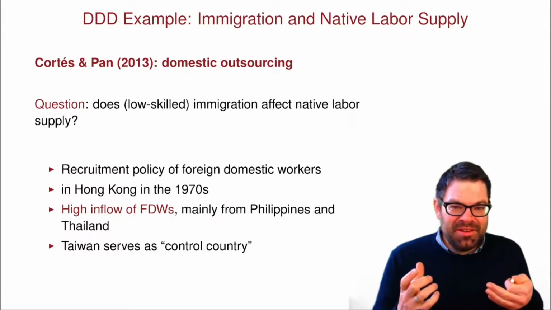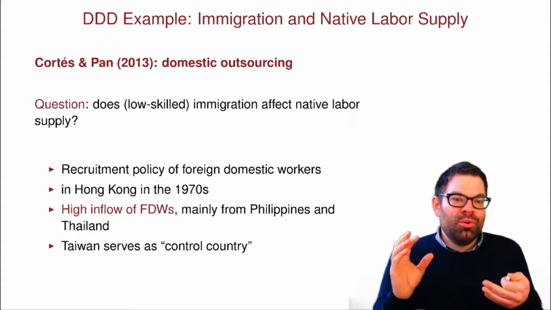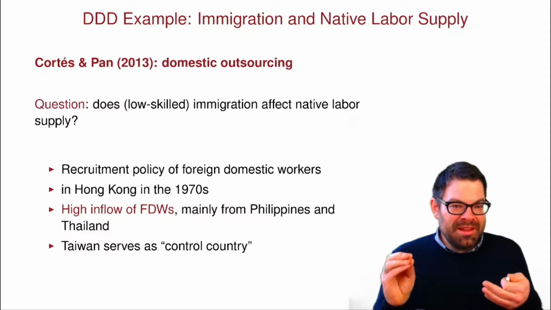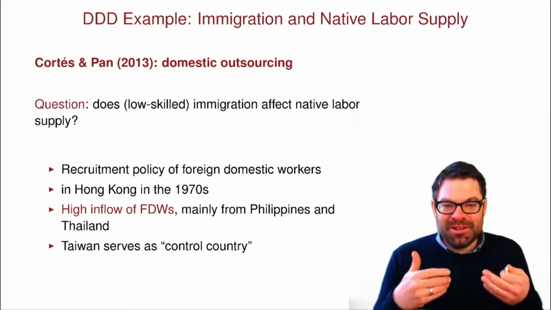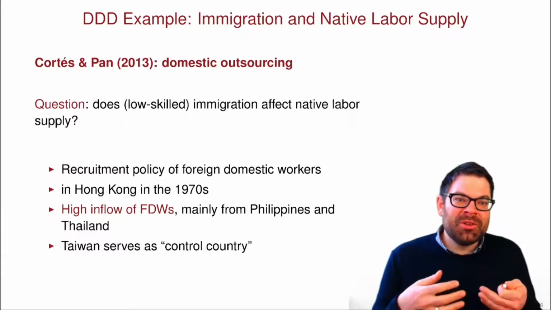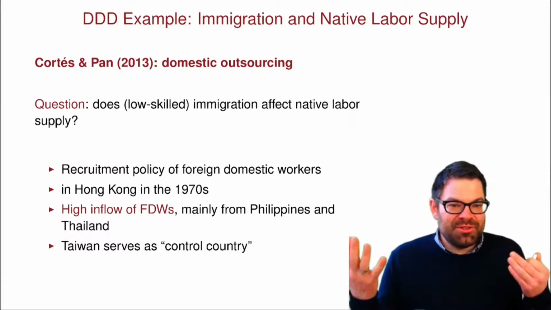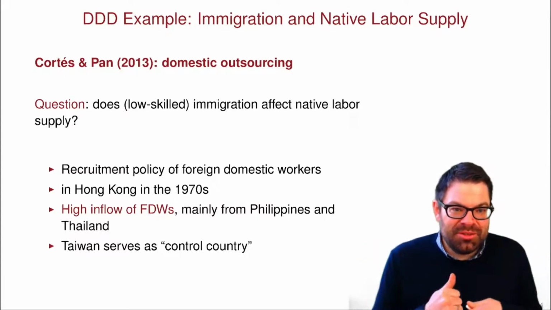Because what they do is they compare people who would be in need of a foreign domestic worker, namely those with small children, to people who are less in need of a foreign domestic worker, those with older children of school age where the children are looked after during the day.